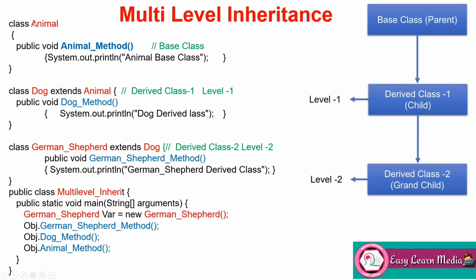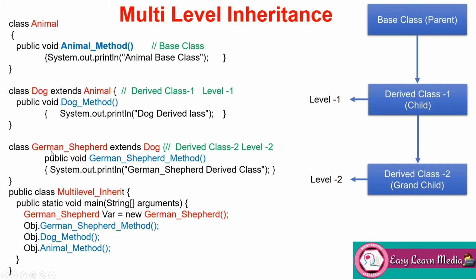Animal is the parent class, Dog is the child class, and Dog can also have a subclass: German_Shepherd, which is one of the types of dog. Animal is inherited by Dog, and Dog is inherited by the German Shepherd class. German_Shepherd is the child class, and here we are only invoking the last child subclass.